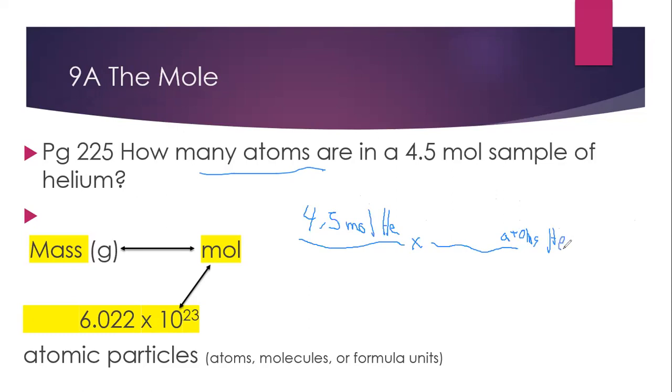I have 4.5 moles, and I want atoms of helium. The number that goes with atoms is always Avogadro's number. Every time you have those words, atoms, molecules, formula units, you need this number. So I'm going to go ahead and write that in. Oh, joy.